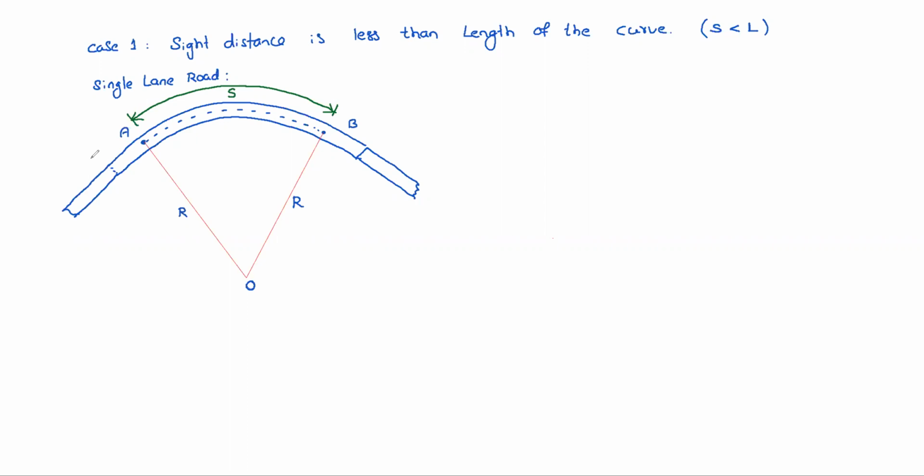The length of the curve is from this C to D. The sight distance is less than the length of the curve, and it is a single lane road. The radius of the curve is R here. Now setback is very simple.